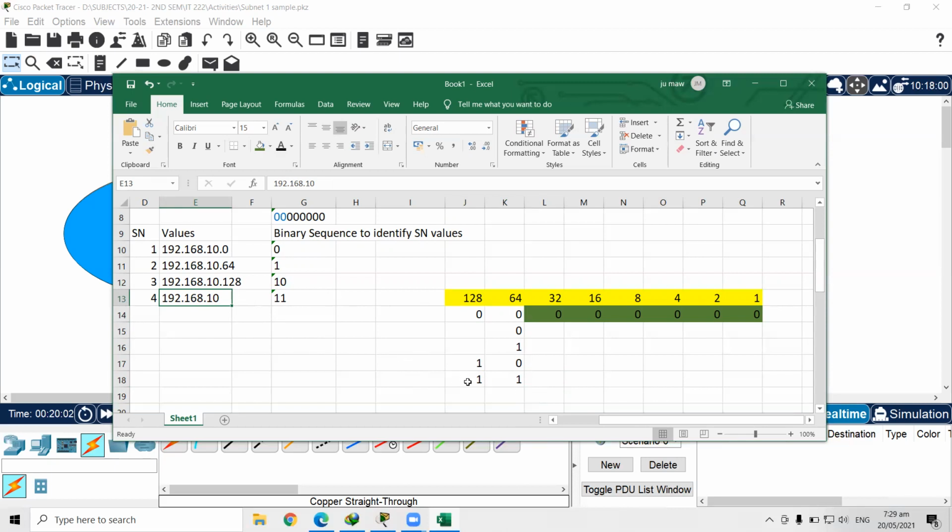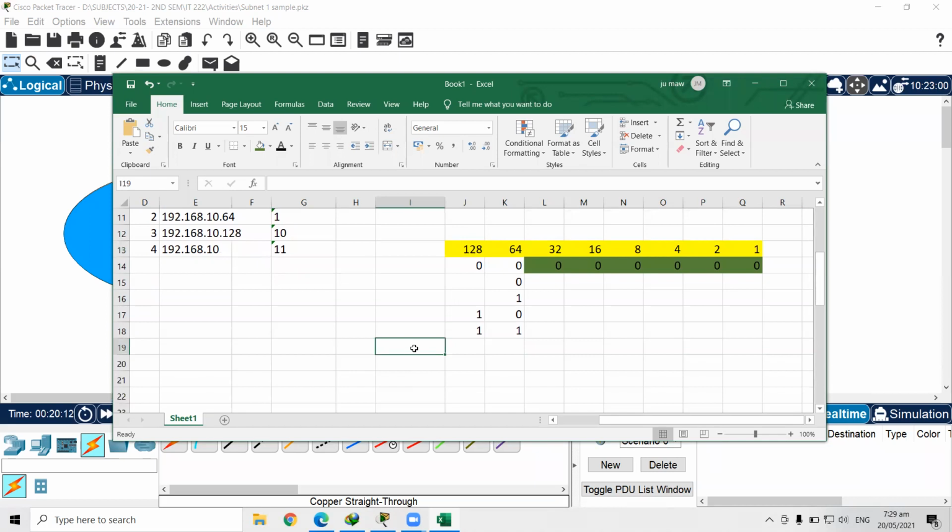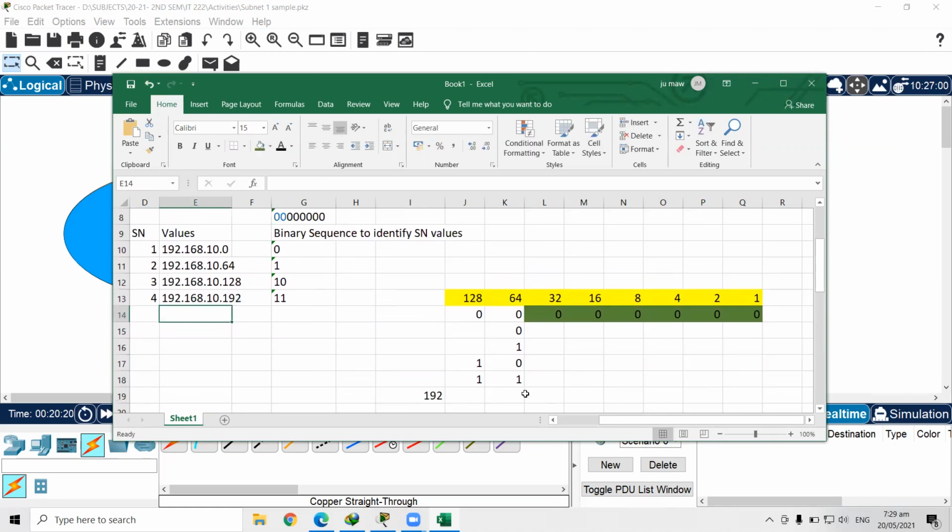So dalawang 1, i-add mo siya: 128 plus 64, and 192. So 192 ngayon yung magiging value ng dalawang 1 na to. So nalaman na natin yung subnets. Ito yung first subnet, second subnet, third subnet, fourth subnet.